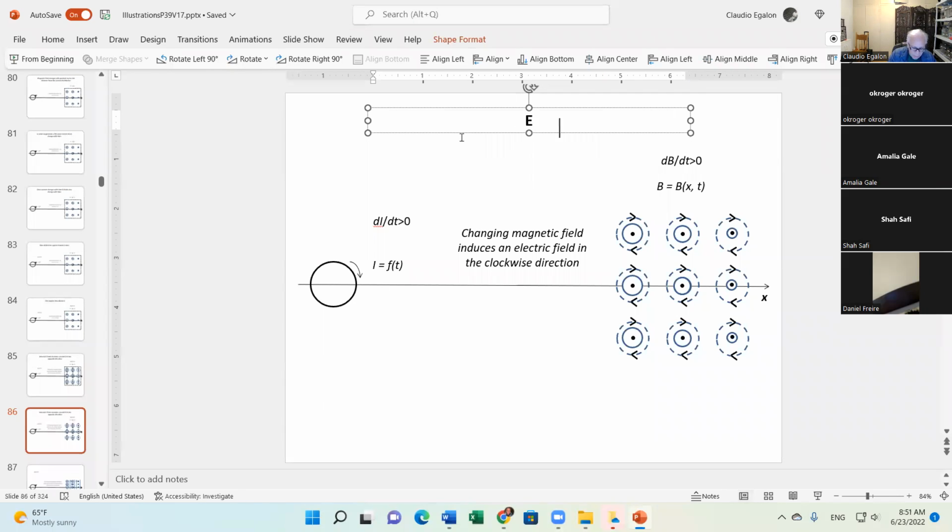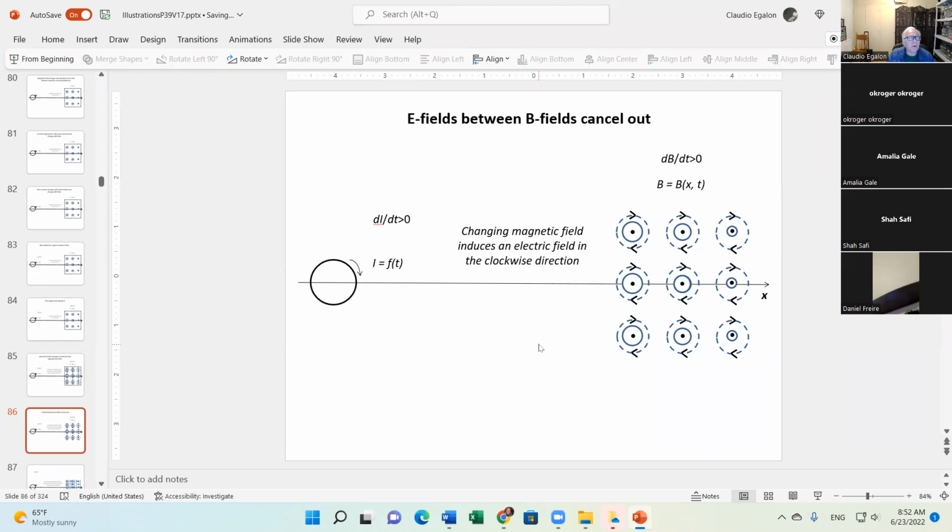So E fields between B fields cancel out because they point in opposite directions.